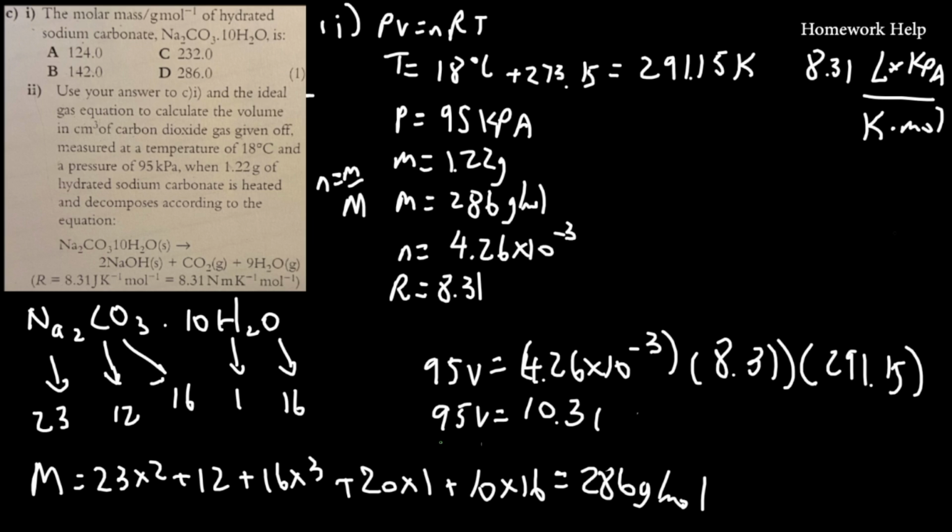So V equals 10.31 divided by 95, you get 0.108 liters, but you're not finished yet because the question asks for centimeters cubed, so this converts into 108 milliliters or 108 centimeters cubed.